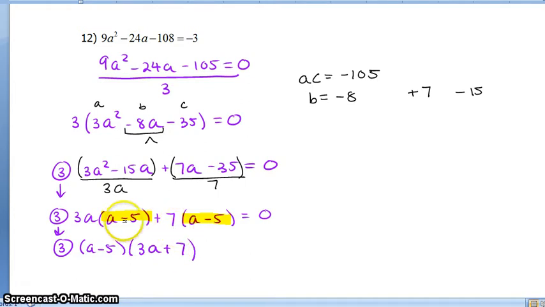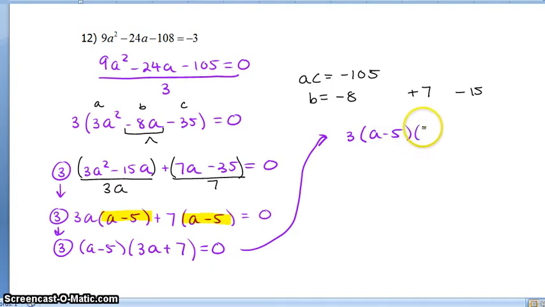So when the a minus 5 match, we can pull it out and write it once on the outside. And then what's left over is 3a plus 7. And that's going to equal 0. So my final factored form, I'm going to write up here, is 3 times a minus 5 times 3a plus 7 is equal to 0.